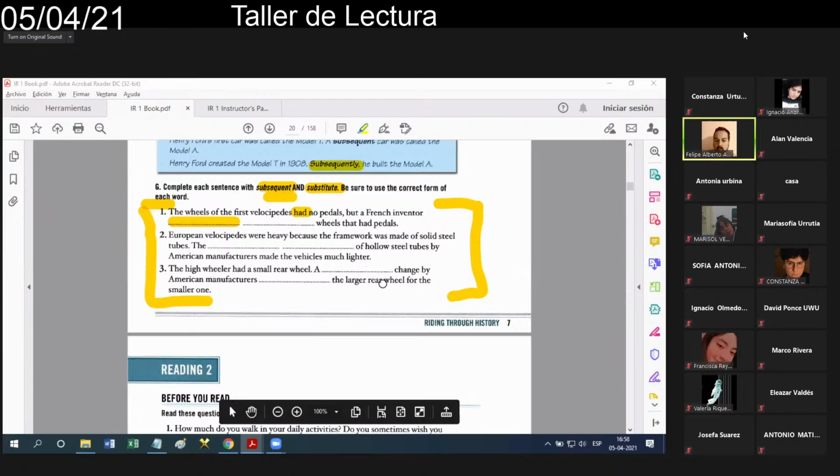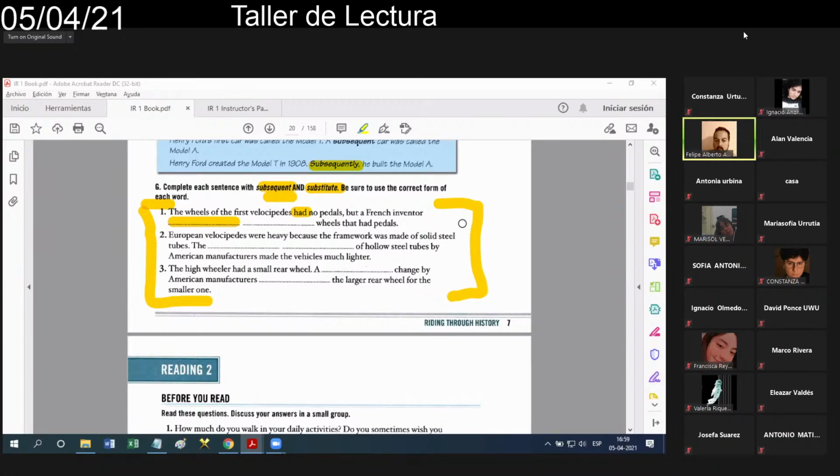Yeah, great. Constanza, Eleazar, great. The subsequent substitution of hollow steel tubes by American manufacturers made the vehicles much lighter.